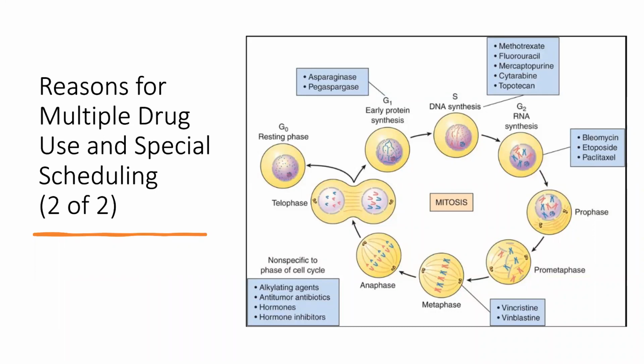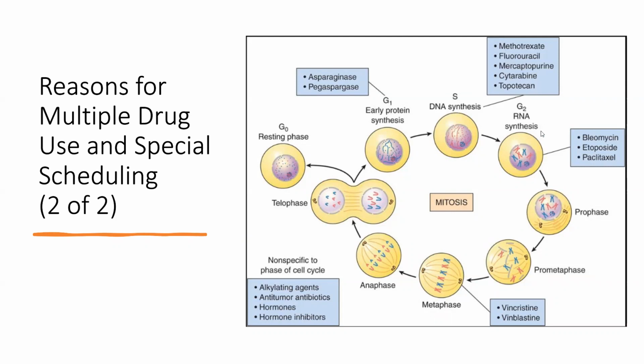We have a cell cycle in which the names of the drugs are shown. The non-specific to phase of the cell cycle are all the alkylating agents, anti-tumor antibiotics, hormones, and hormone inhibitors. They are non-specific and act anywhere. But mitosis is the cell division. In the S phase, we give methotrexate, fluorouracil, mercaptopurine, cytarabine, and topotecan.